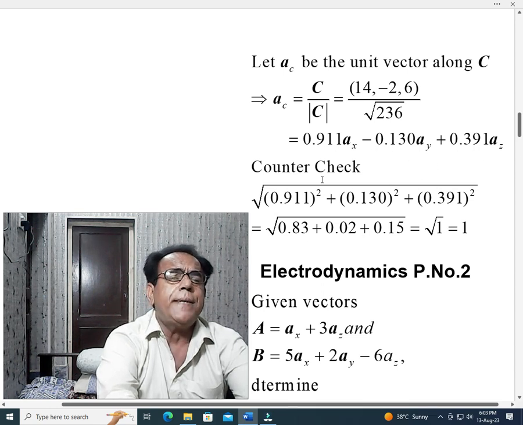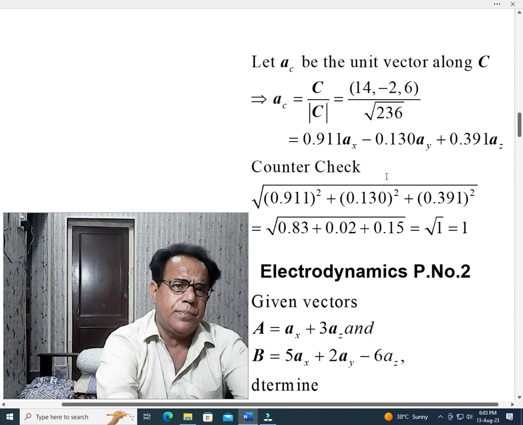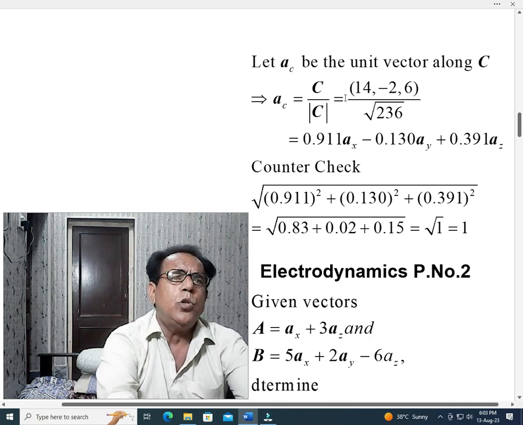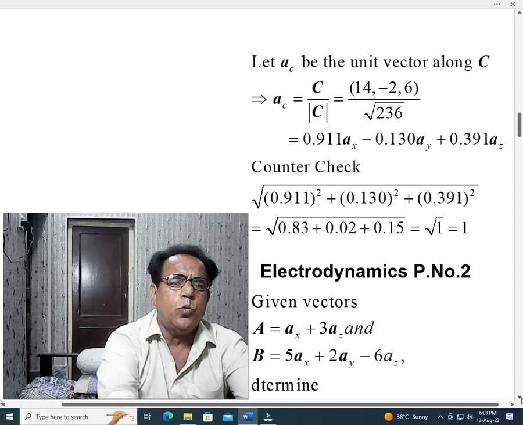Counter check: if we take care of all these three, then the magnitude of aC must be equal to 1. And it is really 1. So our solution is exactly right, because its magnitude is equal to 1.